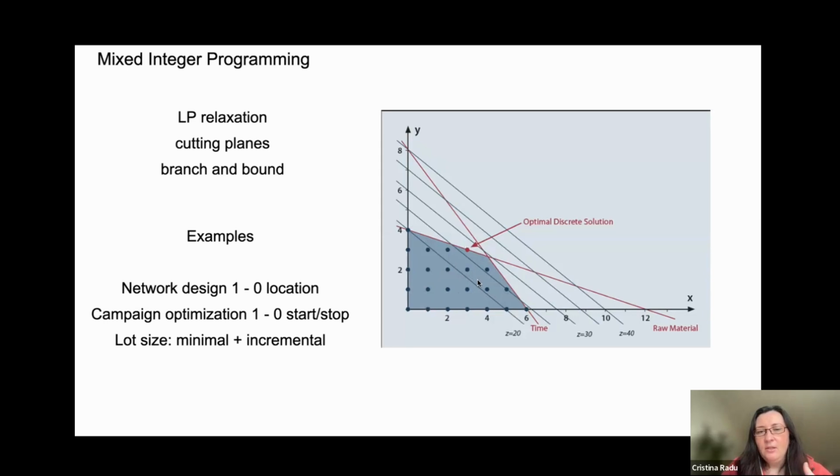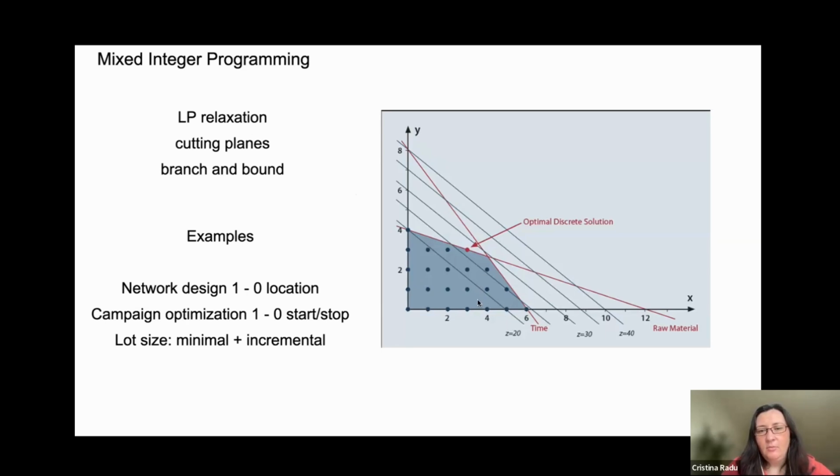So in this situation, the algorithms change because we cannot just look for the path jumping from one vertex to another. We need to find other algorithms. And here it becomes a bit more complex. What happens is that you usually start with the LP relaxation, and then you start to cut planes.